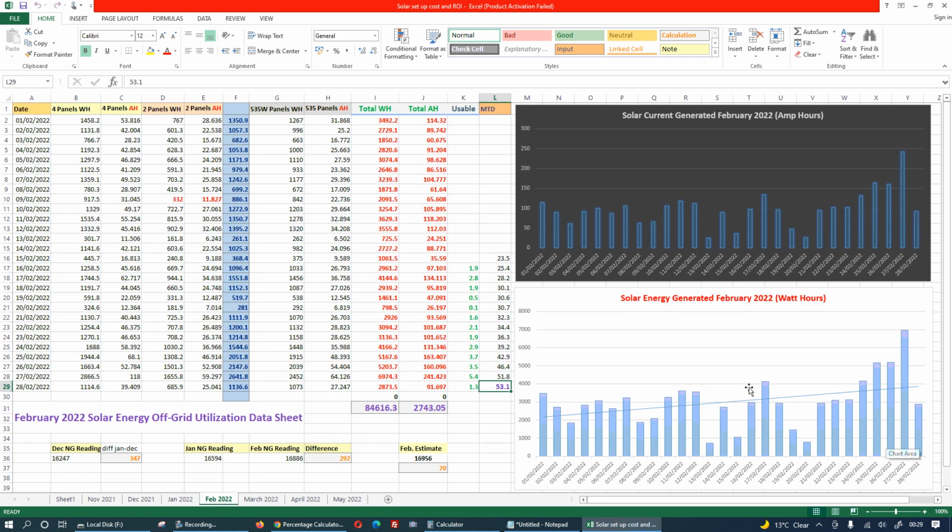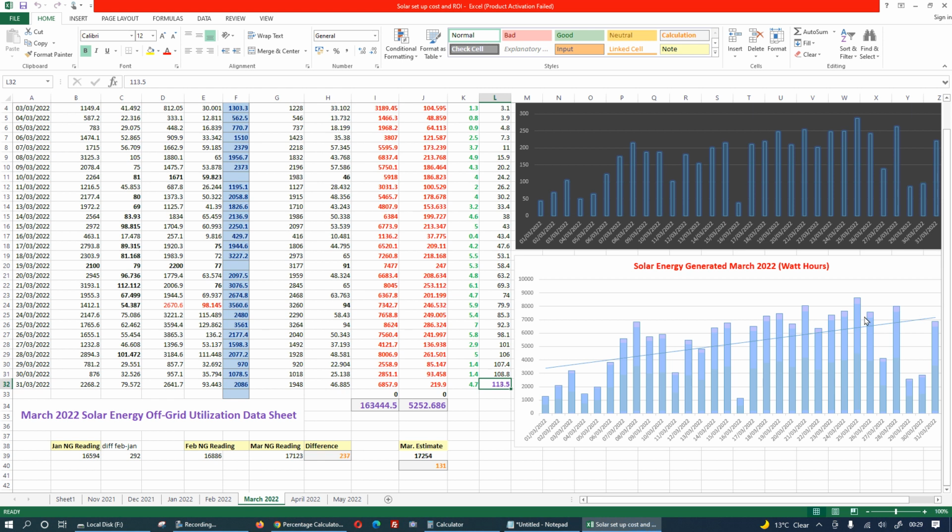And in February, I was able to generate about 7 kilowatt on one of the days. You can see it was an upward trend as well. In March, I started hitting around 8 kilowatt hours a day, and the trend line is going up as well.